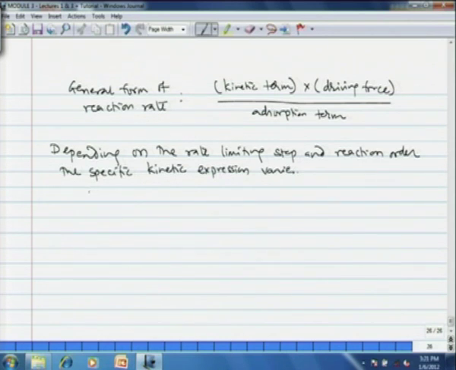Now, let us see what happens in case of surface reaction controlling or kinetically controlled reactions.